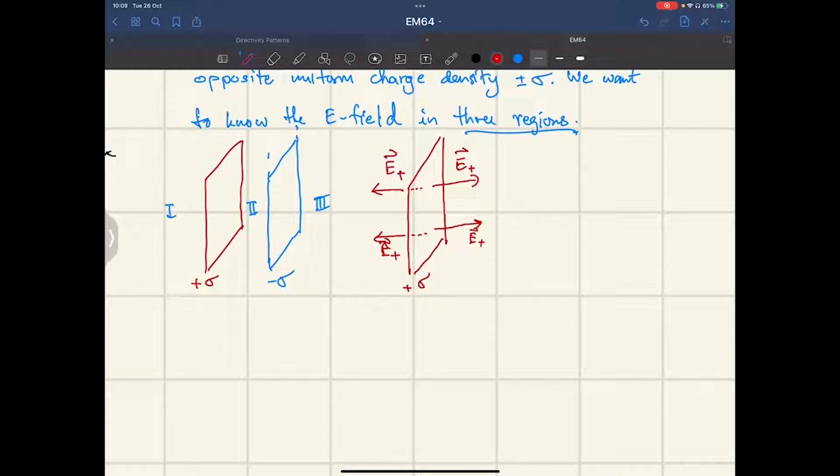This is the electric field from the positive charge density, and this E goes all the way; it can go anywhere, right? Because this E is independent of R, the E here and the E here are equal. This is the positive one, and on the other side as well.